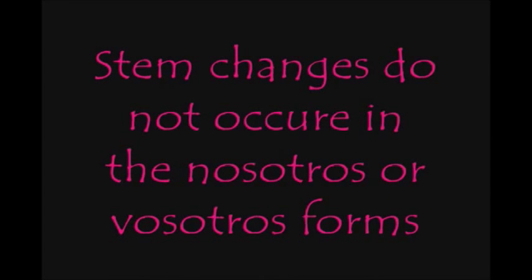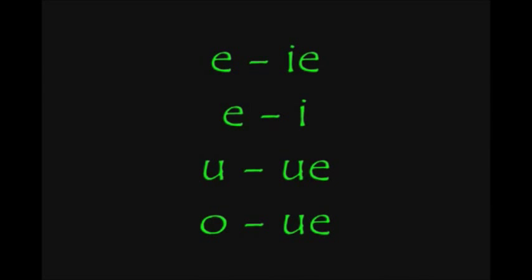Second, stem changes do not occur in the nosotros and vosotros forms. Lastly, there are four types of stem changers. There is E to IE, E to I, U to UE, and O to UE.